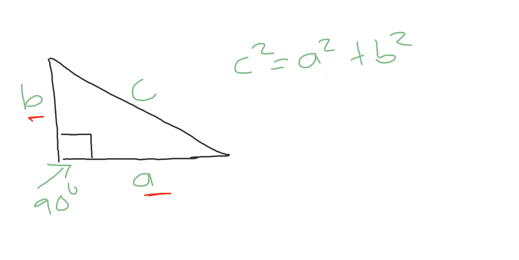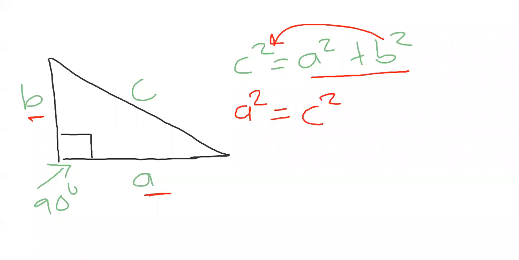So if you are looking for A squared, you make A squared the subject of the formula. You take everything else to the other side of the equal sign, so that on this side you are only left with what you are interested in, which is A squared. Then A squared is equal to C squared minus B squared.